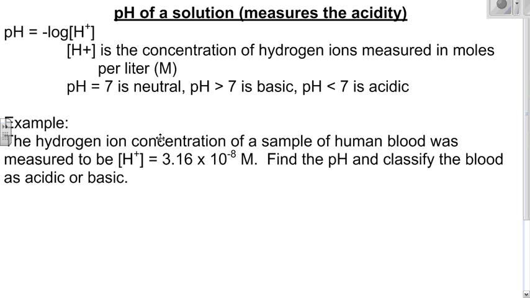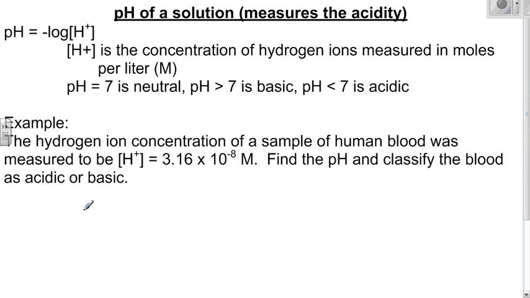So for an example here, we have the hydrogen ion concentration for a sample of human blood, and that's 3.16 times 10 to the negative 8. Find the pH and classify it as acidic or basic.